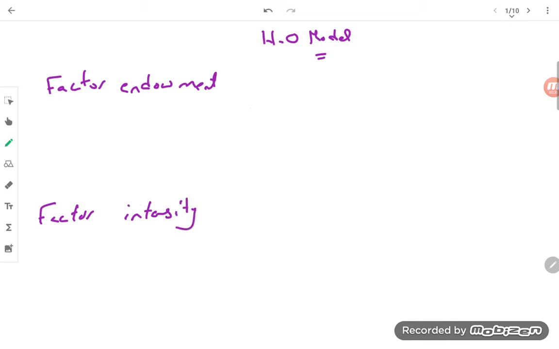And as we said, factor endowment is related to the country: which country has more capital and which country has more labor.